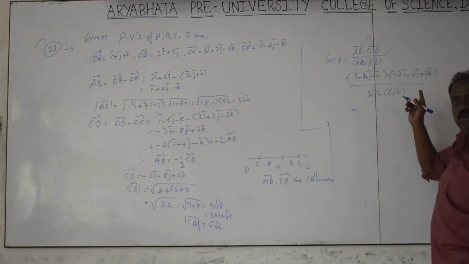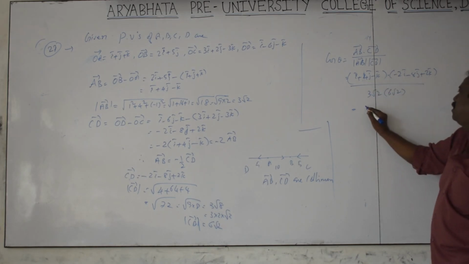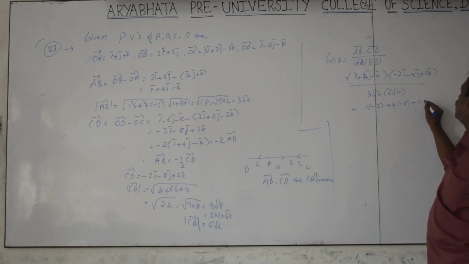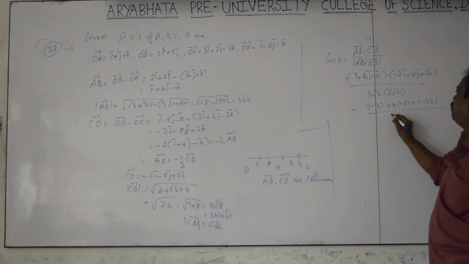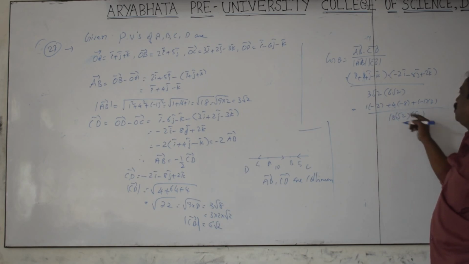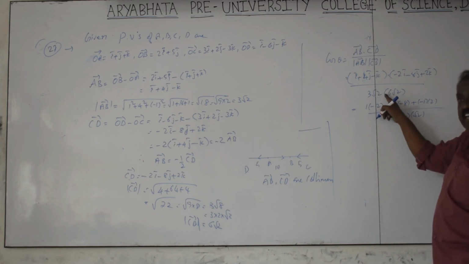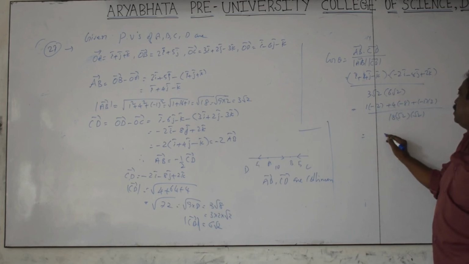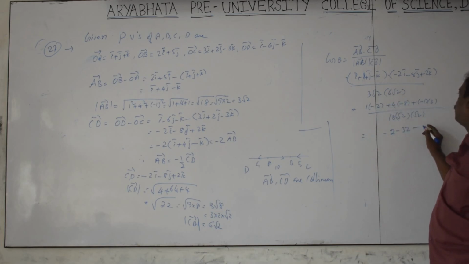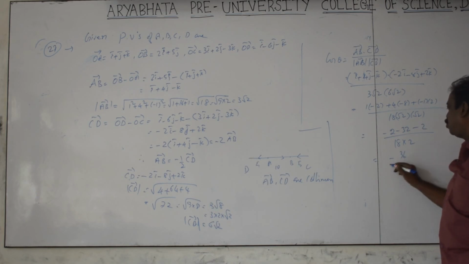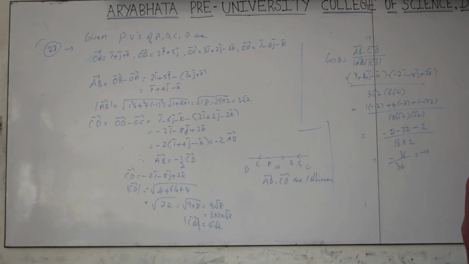i dot i is 1, so 1 into minus 2, 4 into minus 8, minus 1 into 2, divided by 18 root 2 into root 2. This is minus 2 minus 32 minus 2 by 18 into 2, which is minus 36 by 36, minus 1.